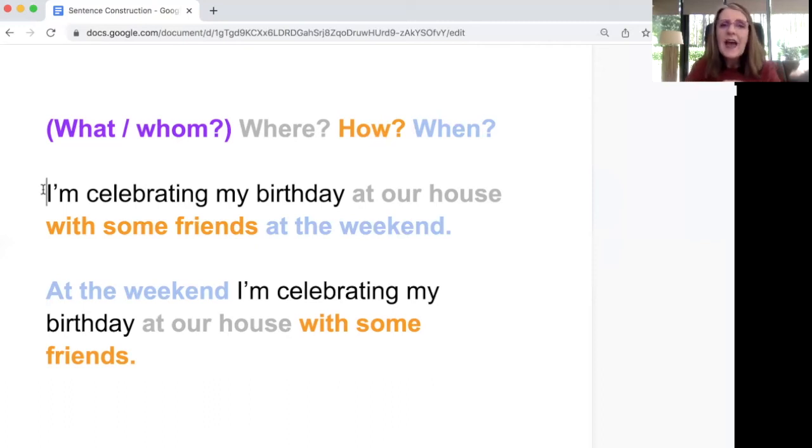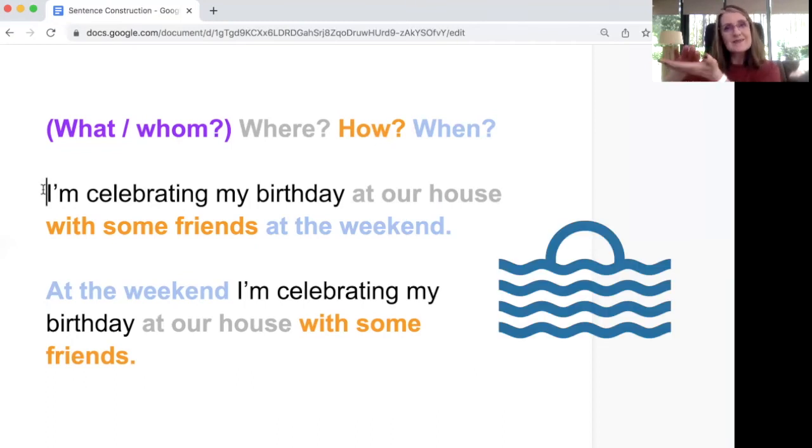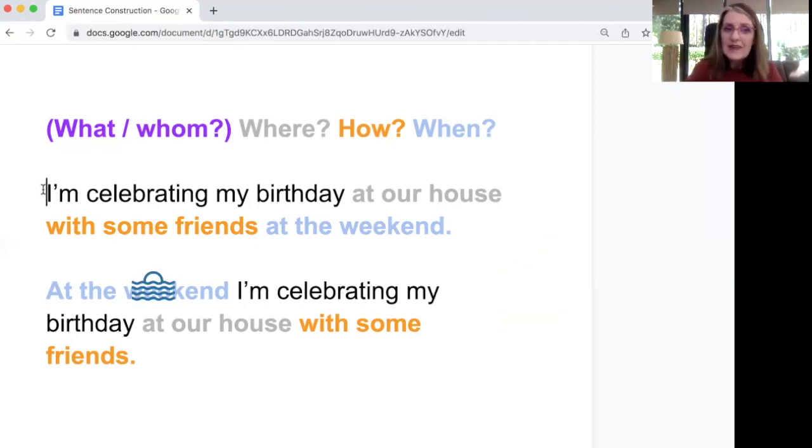You would not say it in a flat, broken way. You would want your sentence to flow beautifully so that people are interested in what you are saying. So I'm celebrating my birthday at our house with some friends at the weekend, just like the waves in the sea. Or at the weekend, I'm celebrating my birthday at our house with some friends.